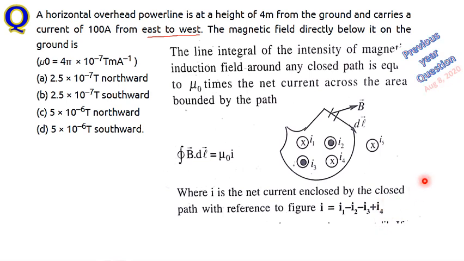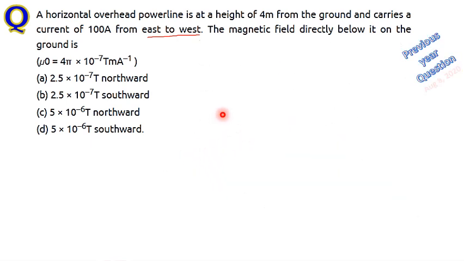Next, you just concentrate on how we get that formula. Consider the diagram here. This is the current flowing here. In this case, a current of 100 ampere is moving at a height of 4 meters from the ground.